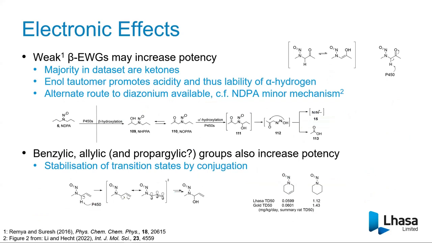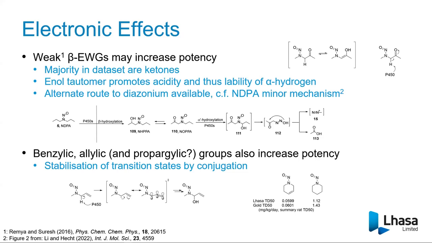What about electronics? So in terms of electronic effects, there are a number of ketones in the data set. Ketones are a fairly weak electron withdrawing group in the grand scheme of things when you compare them to trifluoroethyl or to, for example, a nitrile or something like that.